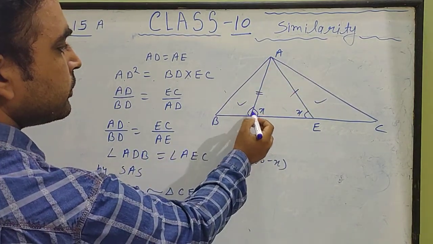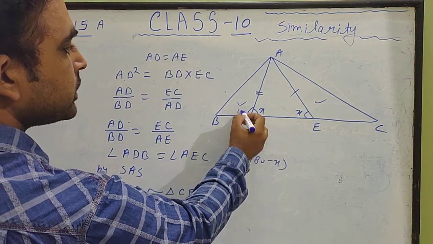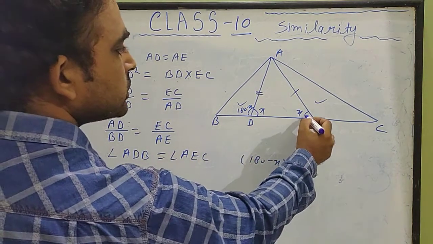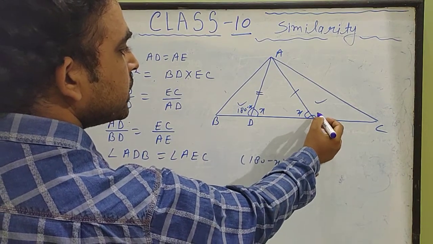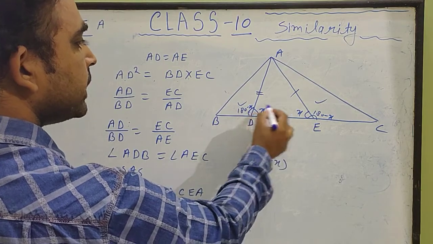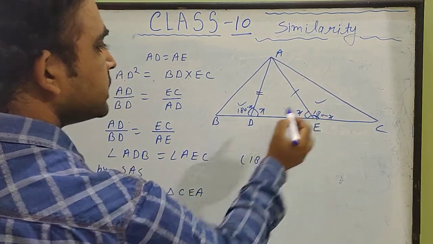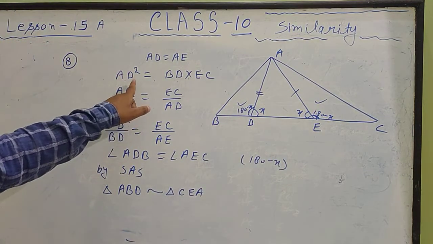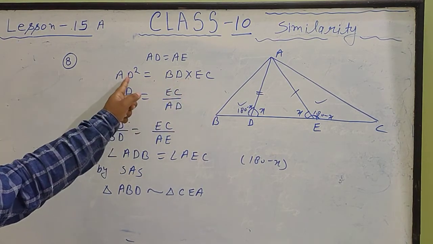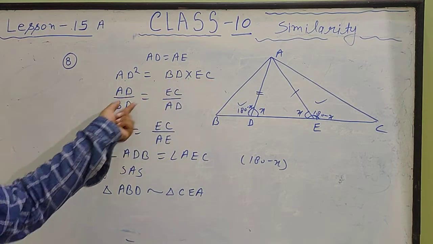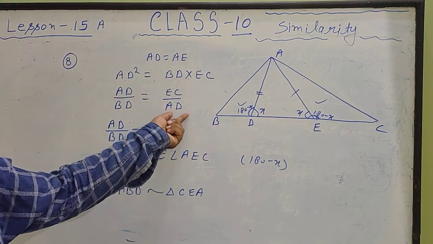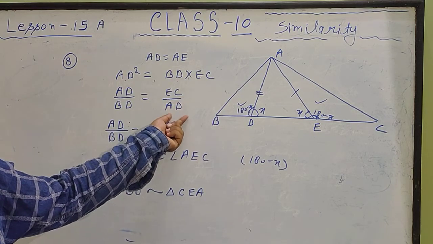So 180 minus x is the remaining angle, because it is a straight line angle of 180. Now this is also 180 minus x, this is 180 minus x, and this is 180 minus x. It means both are equal. Now this condition is given in the question, AD square is equal to BD into AC. So we divide AD upon BD, and one AD comes to this side, so EC upon AD.